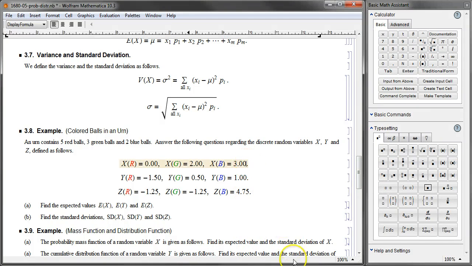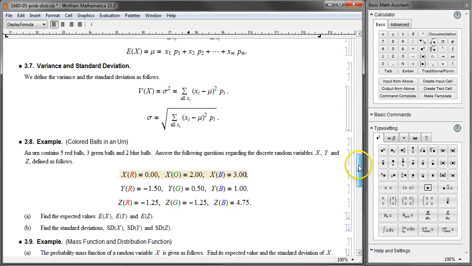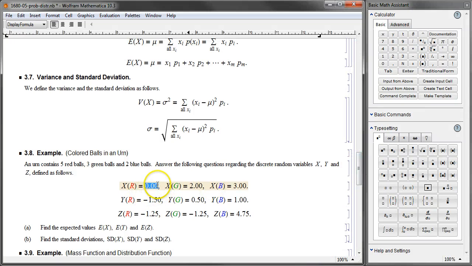Okay, how about the first model? Red, green, blue. Yeah, okay, so same model as before. 0, 2, 3, alright? And what are the expected values? Well, 0 times that probability of red, of course, so 0 times 5/10. 2 times that probability of green, so it's 3/10. 3 times that probability, that's probability of blue, so 2/10.